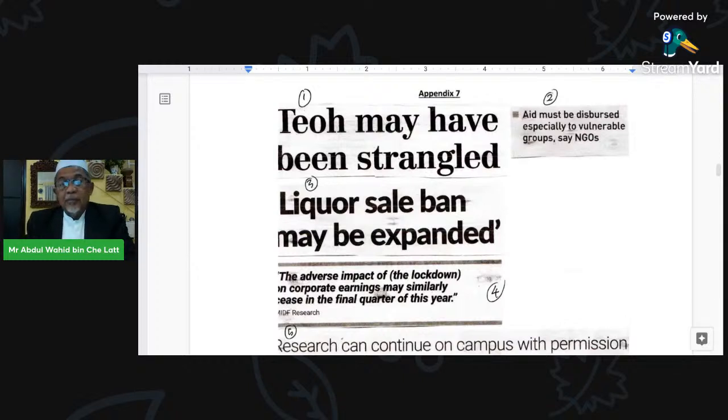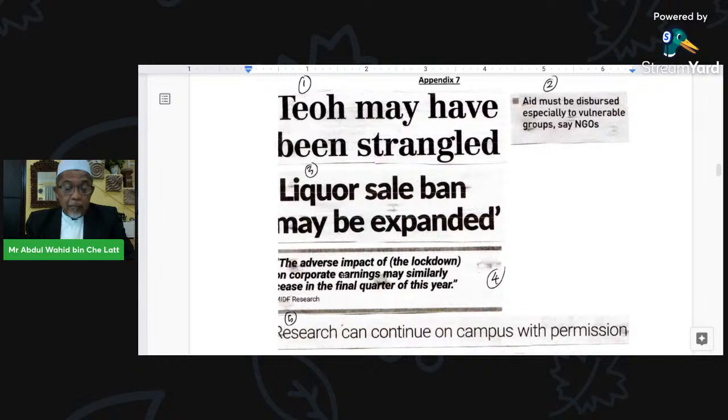Must, a modal, be auxiliary, disburse lexical. So it starts with must, a modal, therefore the sentence communicates an argument. Extract 3. Liquor sale. The liquor sale ban may be expanded. May, a modal, be auxiliary, expanded lexical. So the verb phrase starts with a modal, therefore the message is an argument.